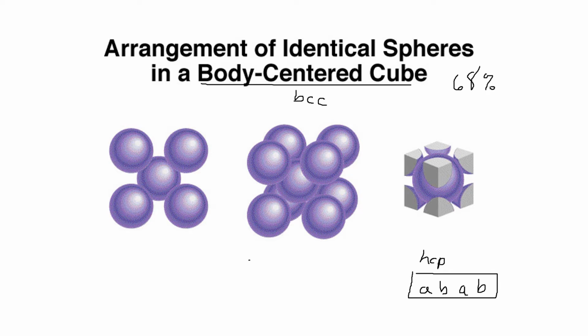So we still have the 8 corner atoms, which have 1/8 of that atom in the unit cell, plus we've added that whole atom in the center. So our number of atoms, molecules, or ions in this unit cell has increased to 2. So as I said, that's another indication of more efficient packing.